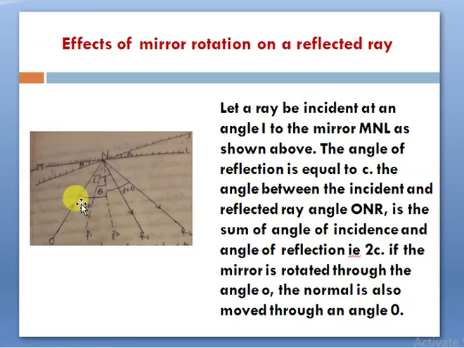But when we rotate this mirror, your normal is equally rotated through an angle theta, and the new normal is what? NP2. Despite the fact that the incident ray was fixed, it did not rotate, because the normal rotated, we have a new angle of incidence. Remember, angle of incidence is the angle which the incident ray makes with the normal. So here we have angle NO P2.